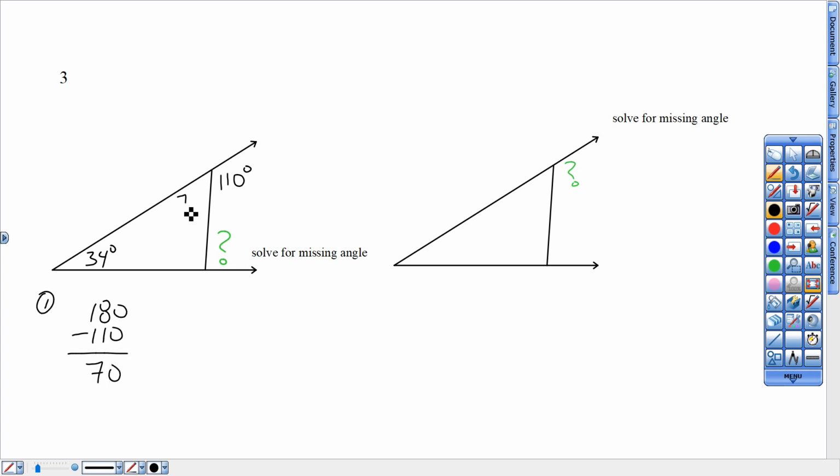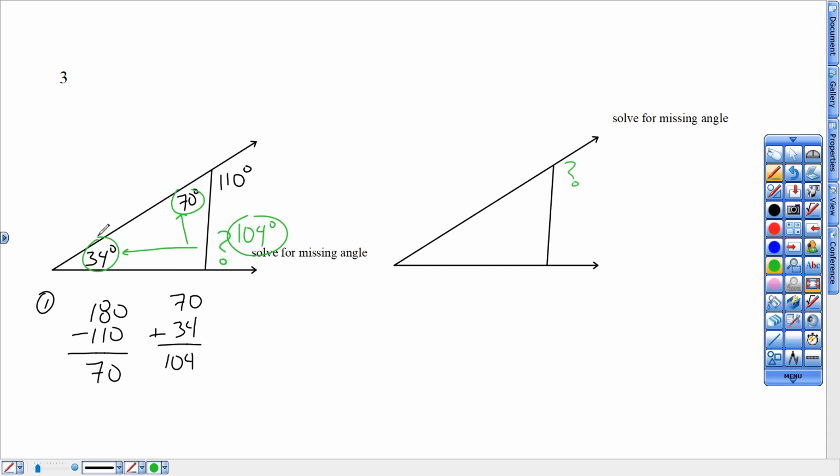This angle right here, and then know that outside angle is made up of taking 70 and 34 and adding those together. That gives me this outside angle. It is 104 degrees, and I get that by plussing these two inside angles to get that outside angle.